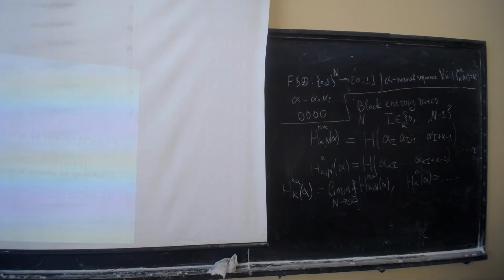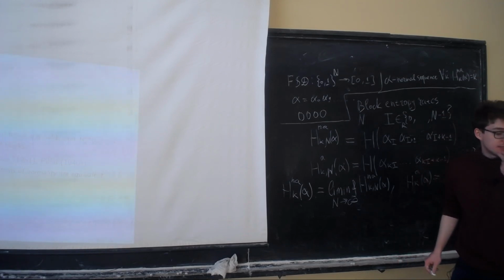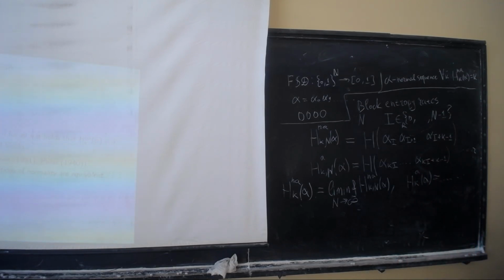What does it really mean? This is equivalent to the following definition. If we take any block of length k, then the asymptotic frequency of this block should be 2 to the minus k.